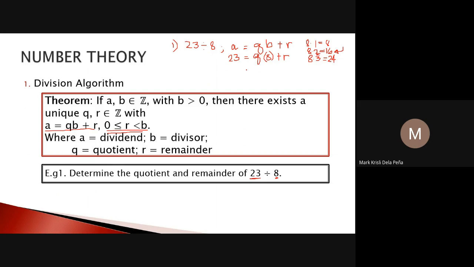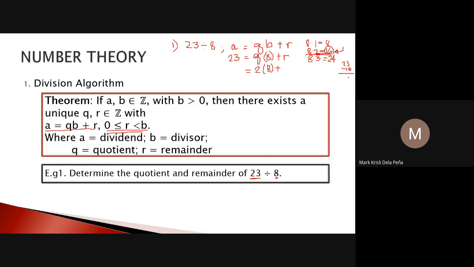So we'll now have a q, which is 2, multiplied by 8. How do we get the remainder? We now have 16, that's 8 times 2 is 16. So we will subtract 16 from 23. What is 23 minus 16?